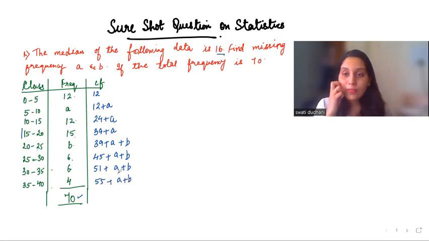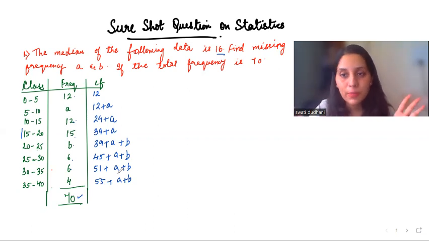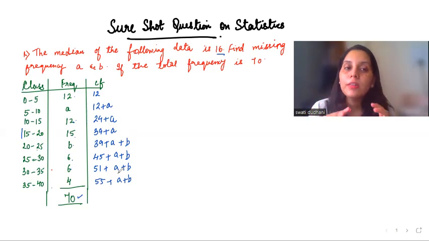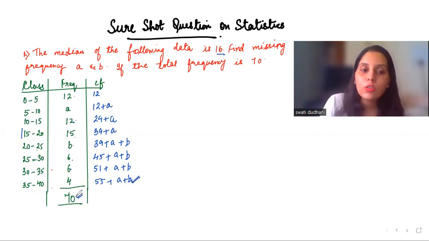All right. We already know that the last cumulative frequency is the same as the total frequency. Here we have the missing frequencies, but for instance, if we did not have missing frequencies and all the numbers were given, when we are finding the cumulative frequency, make sure that the last cumulative frequency matches the total frequency.